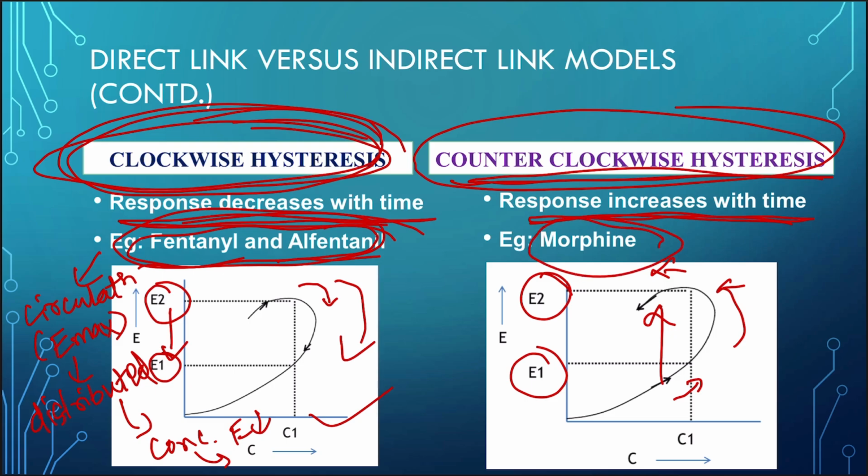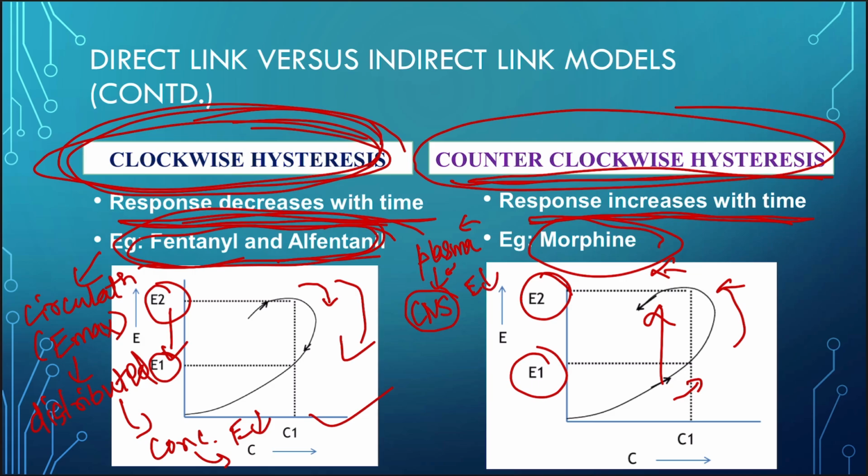So what happens is initially morphine slowly reaches the plasma. The morphine is present in the plasma, and from there it is slowly going into the central nervous system. When it is going from the plasma to the central nervous system, it takes time, and because of that the concentration in the central nervous system is initially low, so initially the effect will be low.